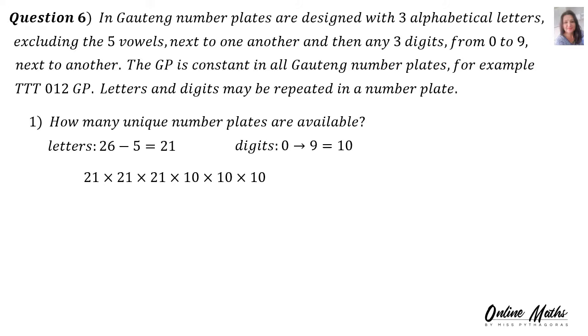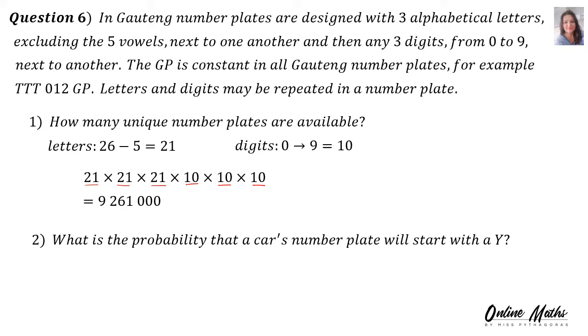Therefore, in the form where you find 3 alphabetical letters, that means there's 21, 21, 21 possibilities. And then for the digits, there has to be 3. So it's 10 times 10 times 10. And when you work that out, you find 9,261,000 unique number plates.